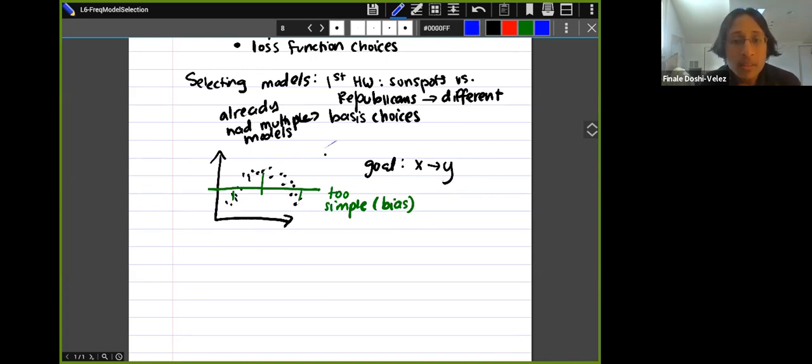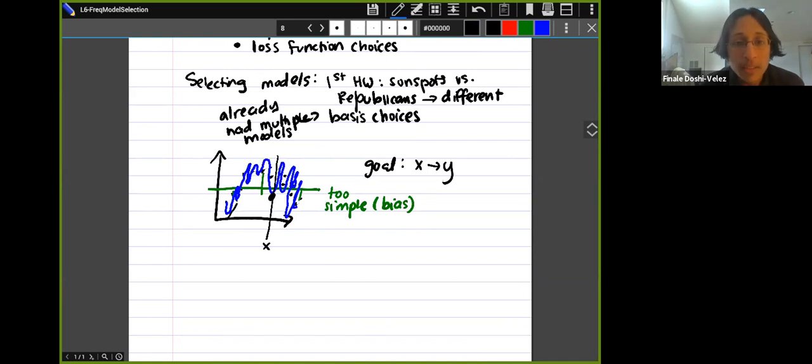Now, an alternative would be to have a model that has a really high polynomial, and thus manages to go through every single dot in this data set, right? And so its fit is perfect. But as you might notice from the way I drew this, and I did this on purpose, if we had a new X, let's say I'm trying to predict for X right here, my prediction is going to be way down here.